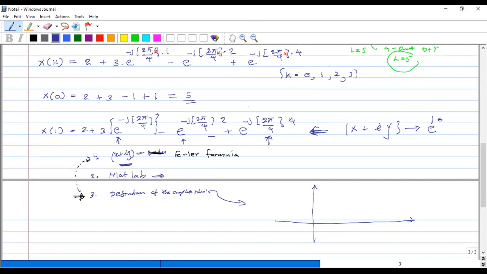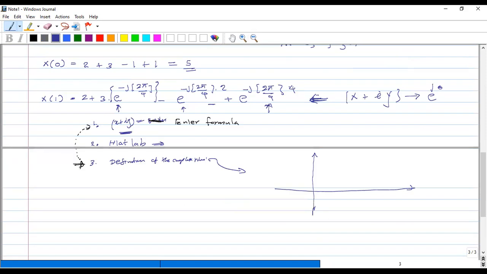So you can see that here we have 2π by 4. That means we have divided the 2π angle into 4 equal portions.